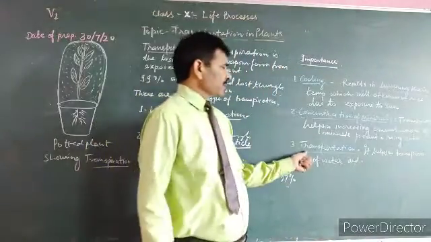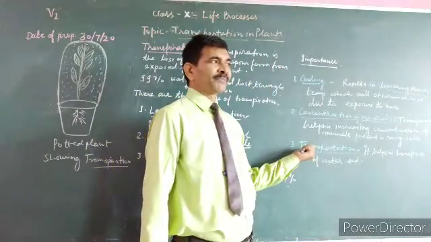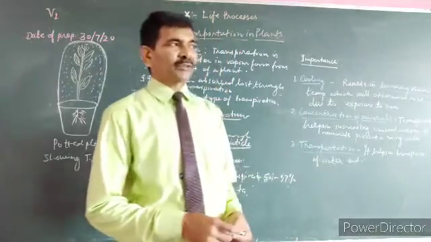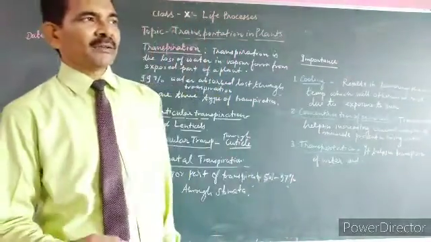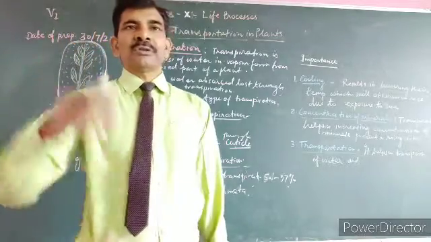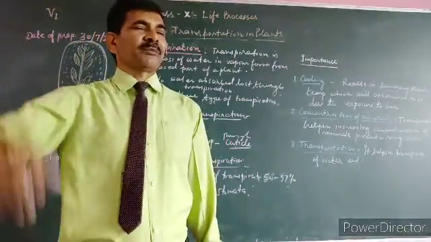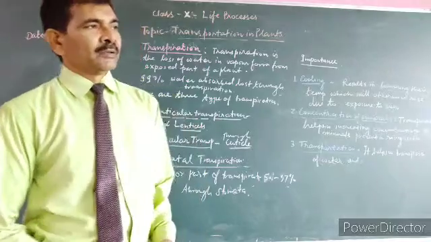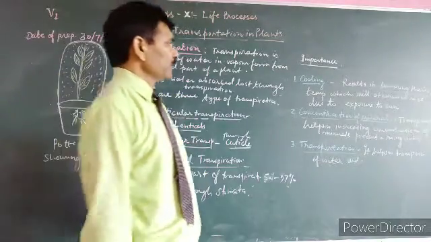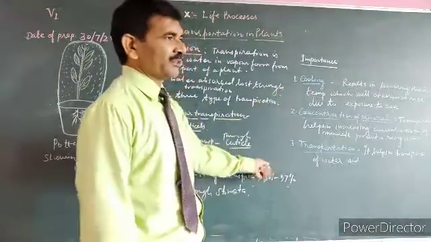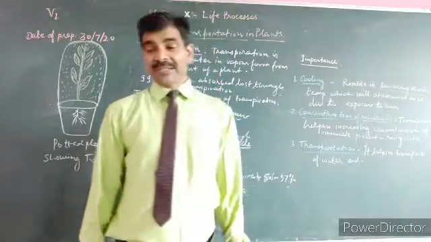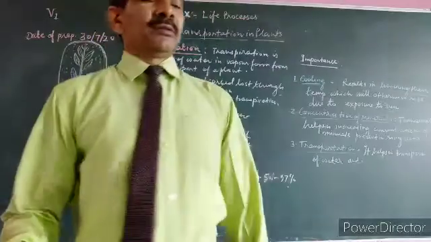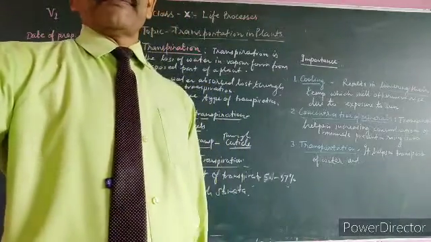Third one is transportation. Transpiration also helps in transportation of water from root to the aerial or exposed part of the plant. These are the roles of transpiration in plants. So this is all about transpiration.